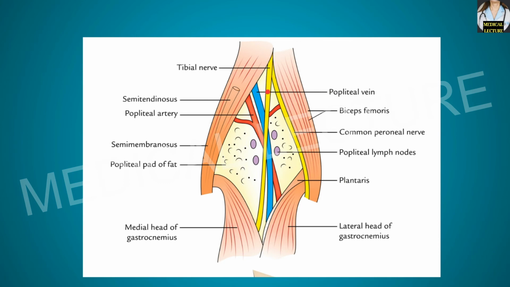Now if we talk about the lower part, the tibial nerve is medial to the popliteal vessels. Okay, and in the middle part, the tibial nerve is posterior to the popliteal vessels. So in the upper part, it is lateral. In the lower part, it is medial. And in the middle part, it is posterior to the popliteal vessels.